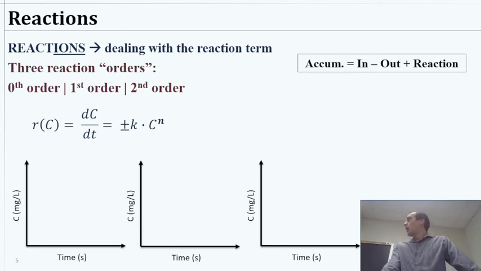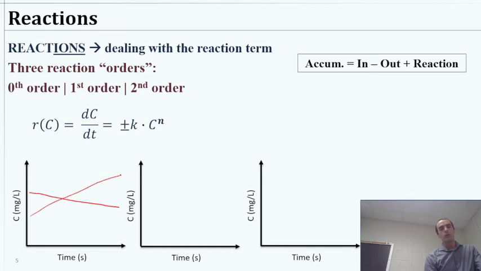But generally, a 0 order reaction means our concentration is changing because we have a reaction. It's changing over time in a linear fashion. So we could have a decay reaction or a growth reaction, but it's linear. It's steady with time. So that's our 0 order reaction.